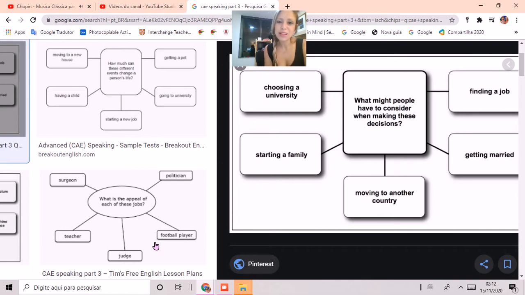And we know that the speaking test is a part of the test that can result in many points for the candidates. So it's very good to have practice, to be prepared, to know exactly what you're expected to do on the test parts so that you can get the best outcome, the best result, okay?